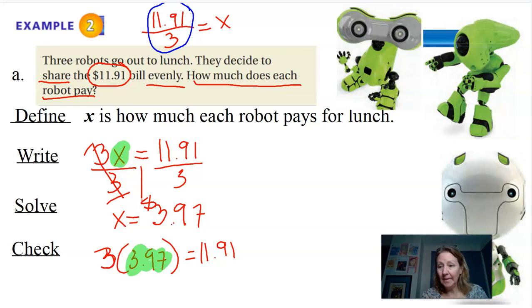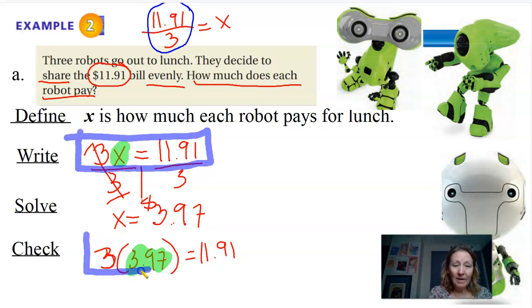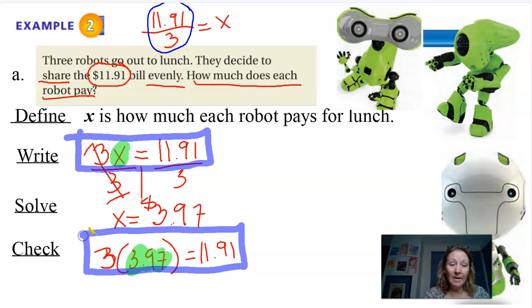So notice the structure of what I'm doing is this. I'm taking this original equation and rewriting it, but I plugged in the value of 3.97 that I think makes the equation true. And then I check it, and I use my calculator, and indeed 11.91 is equal to 11.91.